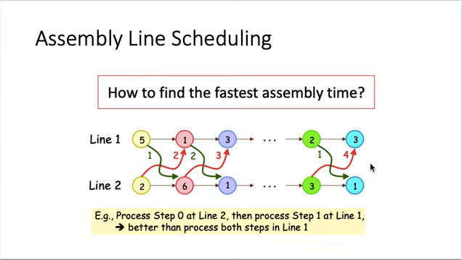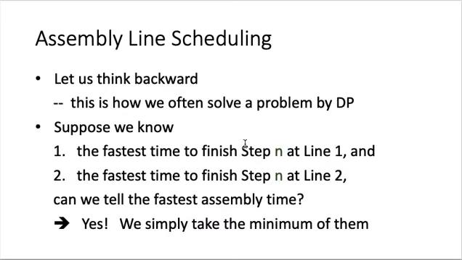So we actually want to find out what is the fastest time or fastest way that we can reach either the last step here or the last step here, right? So here, suppose that we know the fastest time to finish step n at line 1 and the fastest time to finish step n at line 2. So can we tell the fastest assembly time?